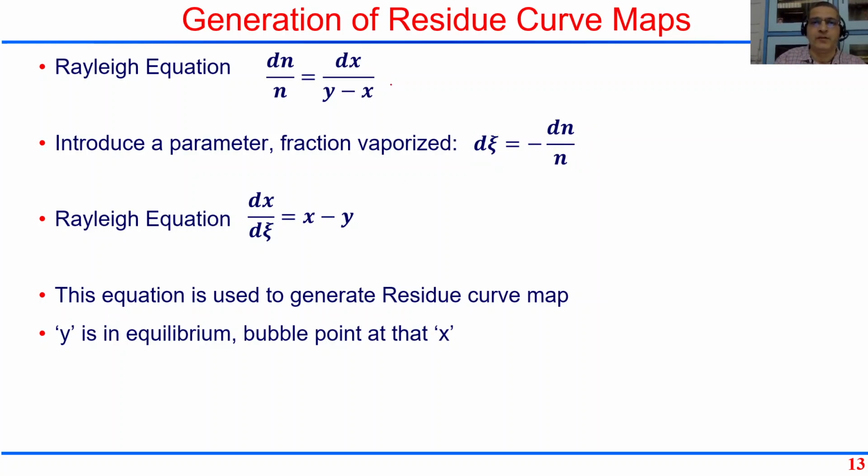Using these two equations, I can rearrange the Rayleigh equation into a more usable form: dx by d zeta is x minus y, and remember this y is in equilibrium with x. Y and x are in thermodynamic equilibrium.